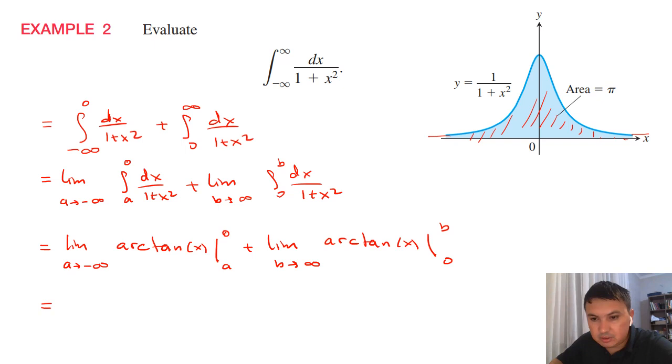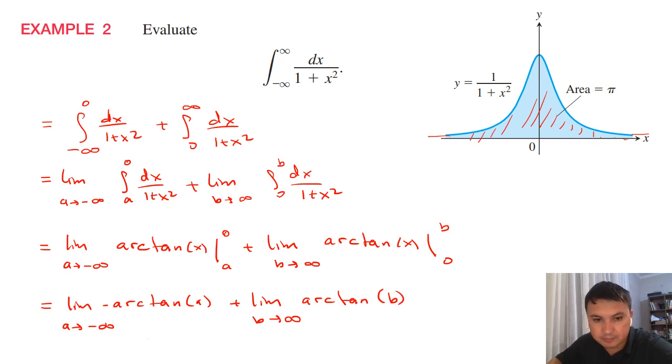So arctangent 0 is 0, hence for the first one we get arctangent of a with a minus sign here. For the second one, again arctangent 0 is 0, so this is going to be arctangent of b.